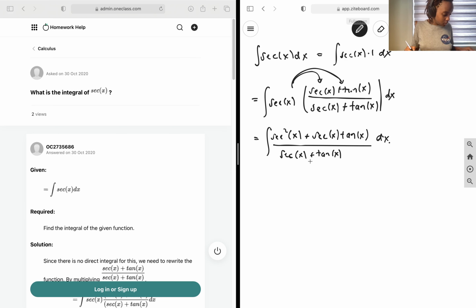And so let's choose u is equal to sec x plus tan x, which means that du over dx is equal to sec squared x plus sec x tan x.